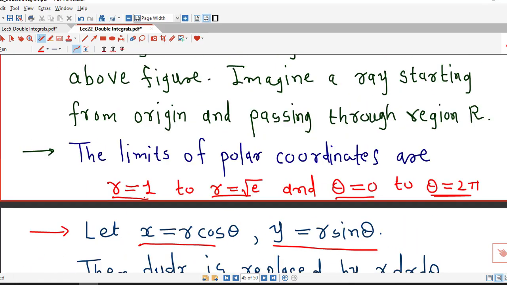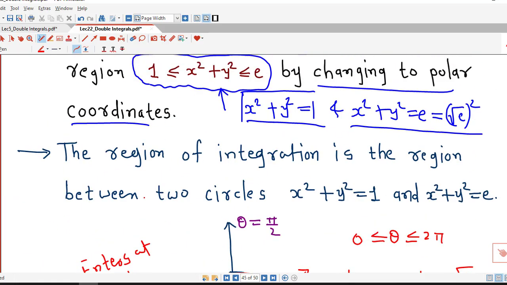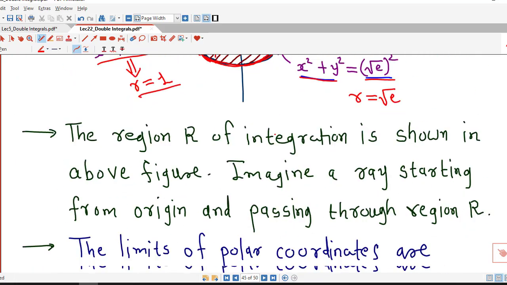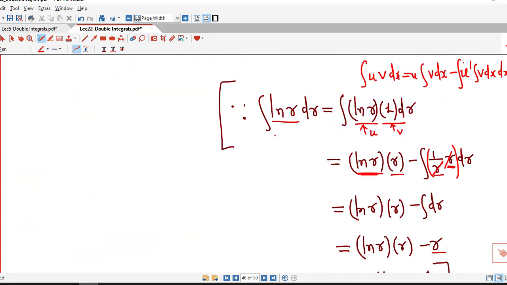So in this way we can easily find out the value of double integral by converting Cartesian into polar coordinates. If we wish to integrate this with respect to Cartesian coordinates, either with respect to x or with respect to y, then it is not easy to find out value of integral of this.